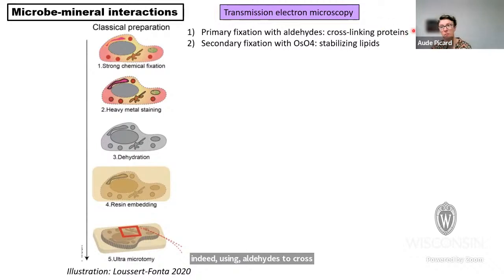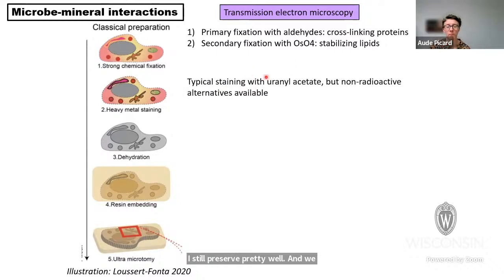Proteins make up 50% of the dry mass of a cell. Then we use a secondary fixation with osmium tetroxide, which stabilizes lipids. In this case, we wash off all the material that is not associated with protein, so all the potential polysaccharides around the outside of cells are washed away. But we still preserve the cells pretty well.